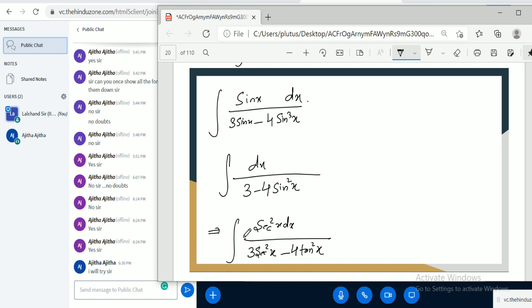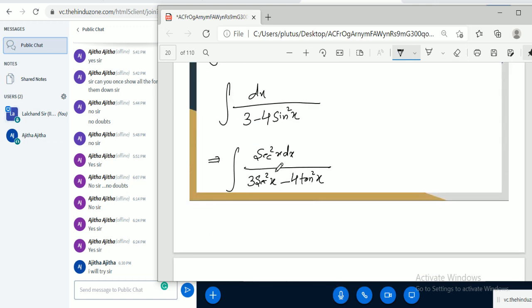So now we need to substitute. First we simplify this sec square x. If we simplify, then sec square x dx over 3 times (1 plus tan square x) minus 4 tan square x.